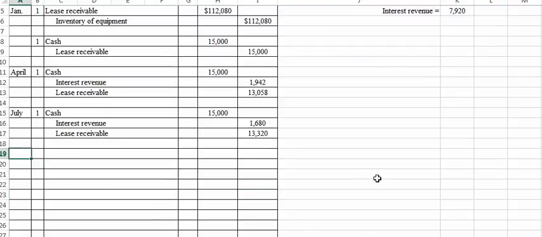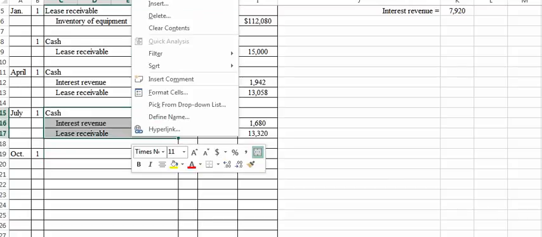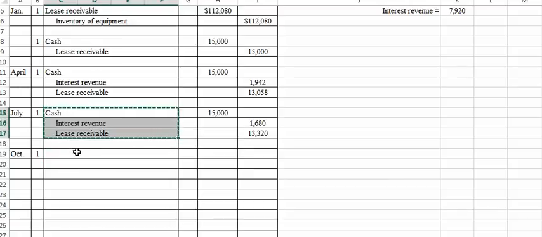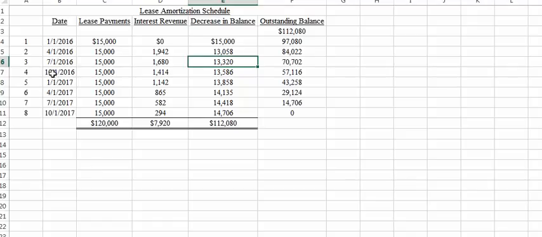Okay, now we'll take care of the October 1st, 2016 entry. Same accounts affected. Well, we know the lease payment is $15,000. That's how much Edison is going to receive. How much was the interest revenue earned on that October 1st payment, 2016? $1,414.